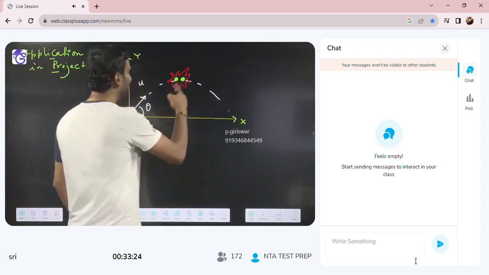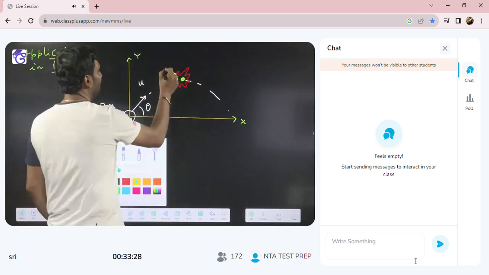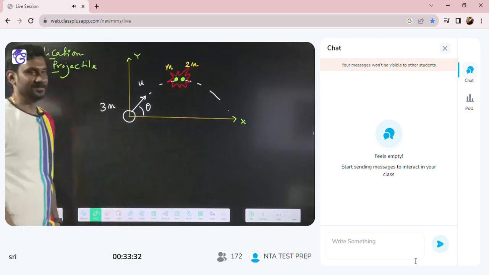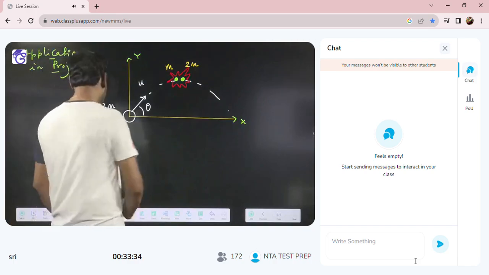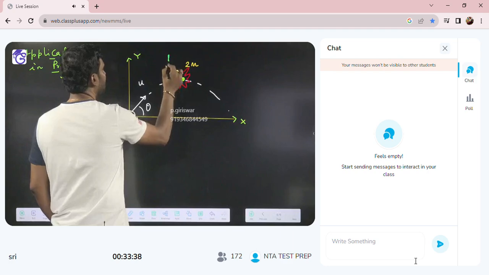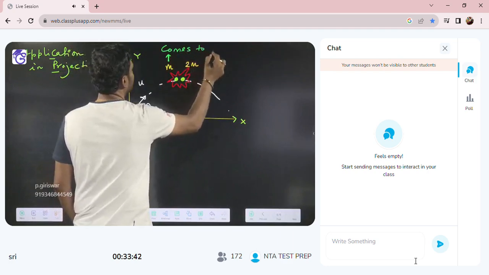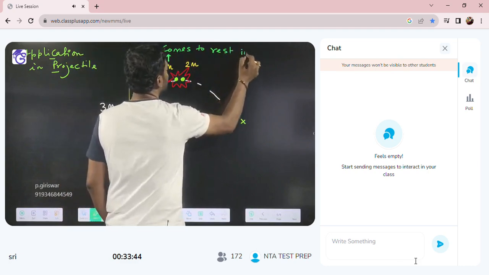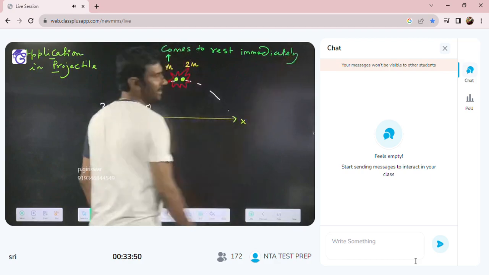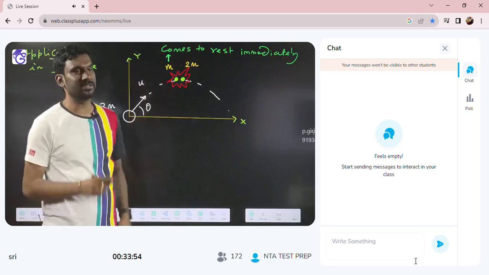So it gets fragmented in two parts. The smaller part is m and the heavier part is 2m, right? They have said that the smaller part, this m, comes to rest immediately.